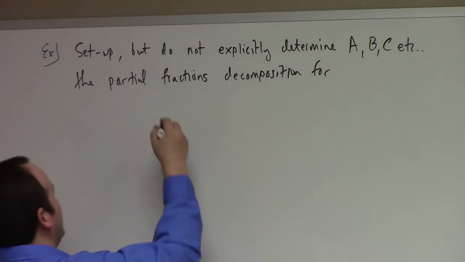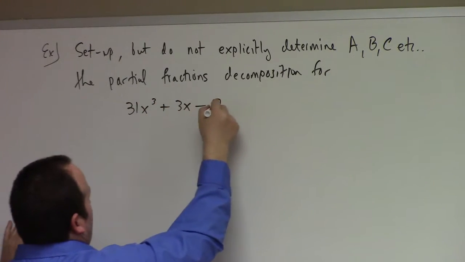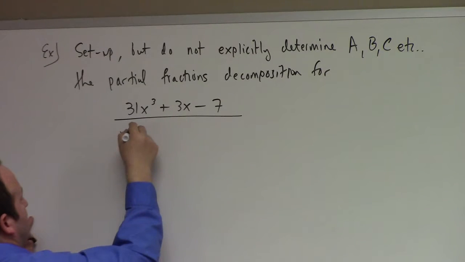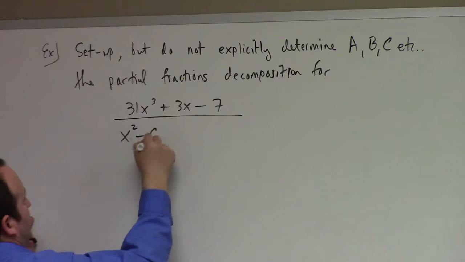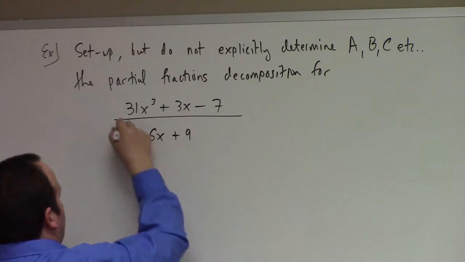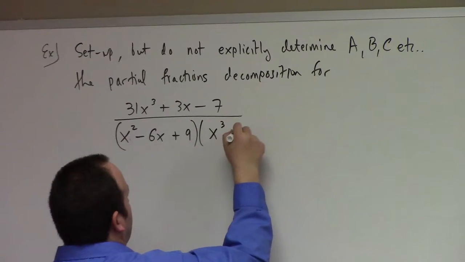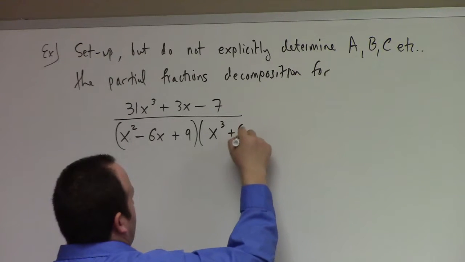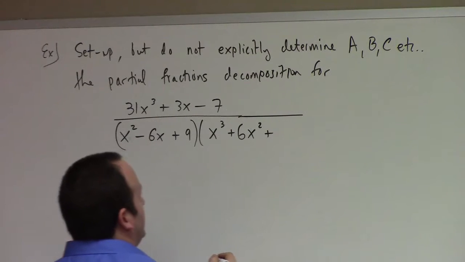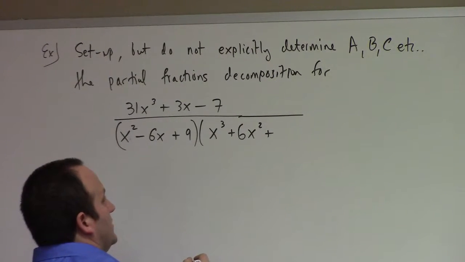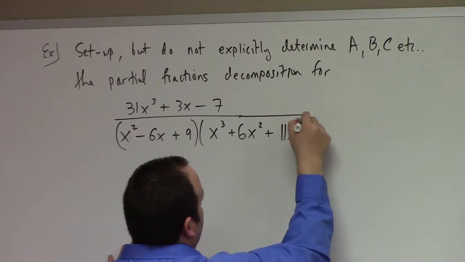So if I ask a question like this, it could be something like this: 31x cubed plus 3x minus 7 divided by, let's say, x squared minus 6x plus 9 in parentheses, times x cubed plus 6x squared plus, I don't know, 11x, quantity squared.